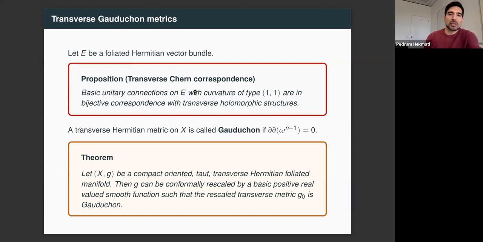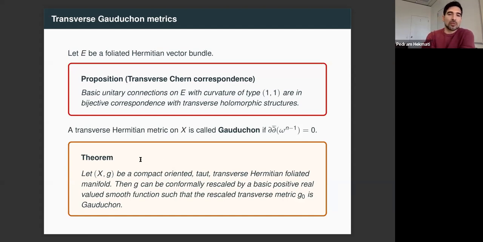And as I mentioned, we want to work in a more general setting where our manifold is not only transverse Kähler, but transverse Hermitian. So now in order to define a degree for our bundles, we have to restrict to metrics that are Gauduchon, meaning the associated transverse Hermitian form is ∂∂-bar closed.